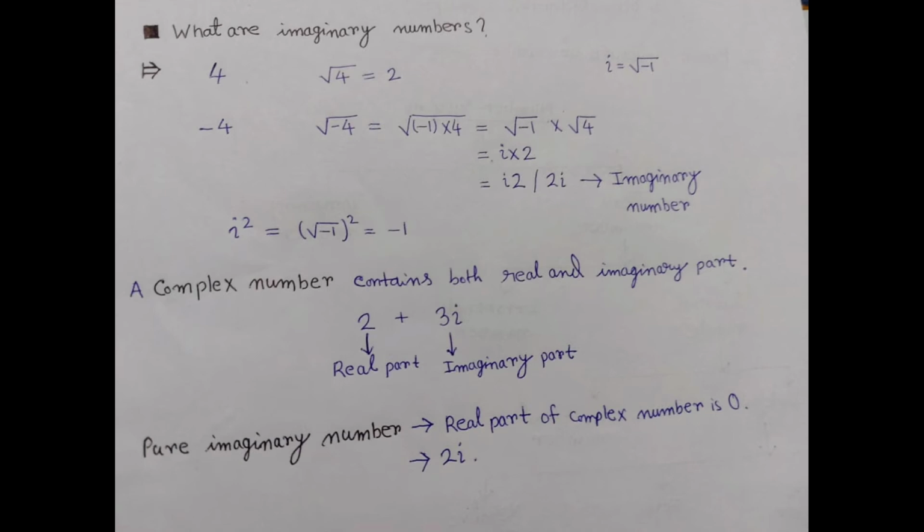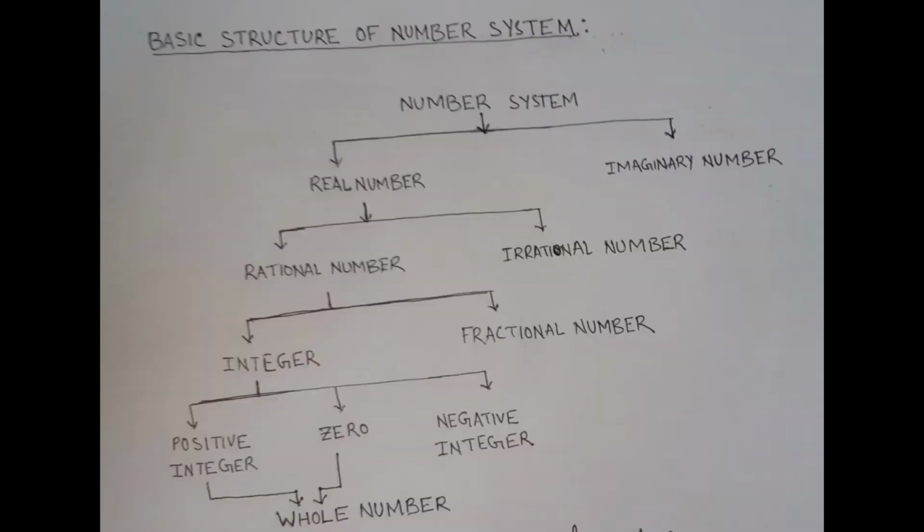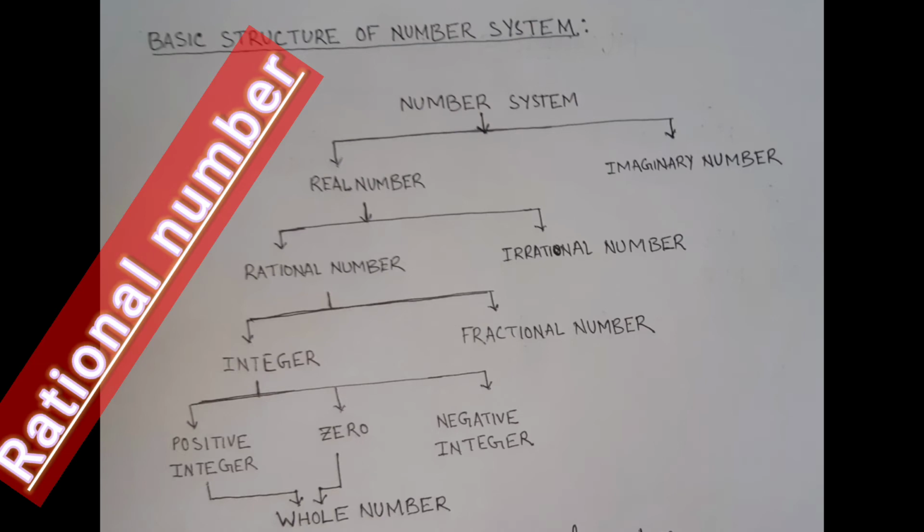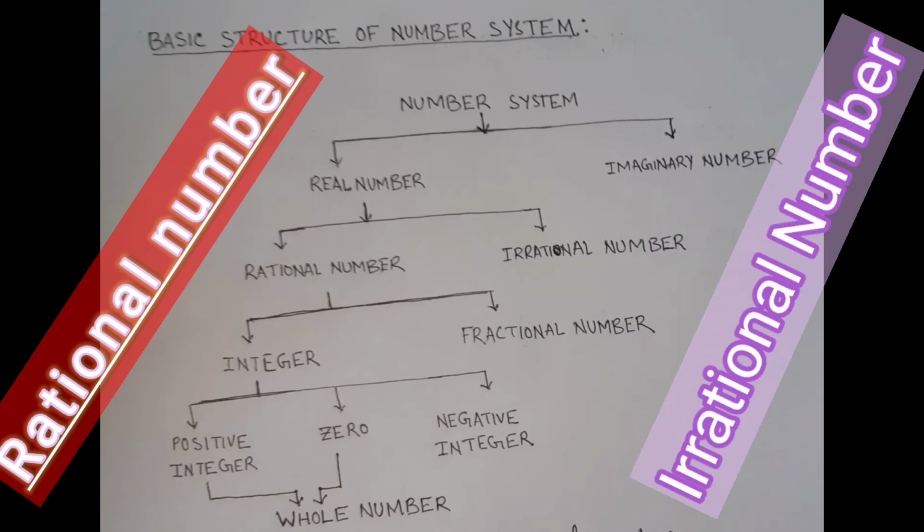I think this is enough for this topic. So let's come back to our main context. After that, I divided the real numbers into two parts. One is rational numbers and the other part is irrational numbers.